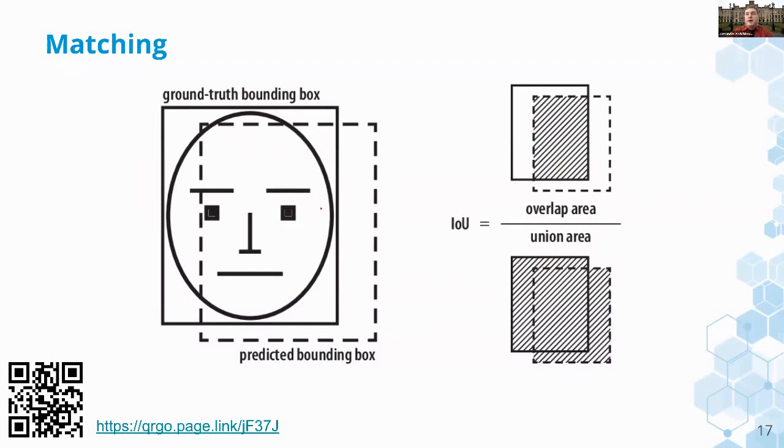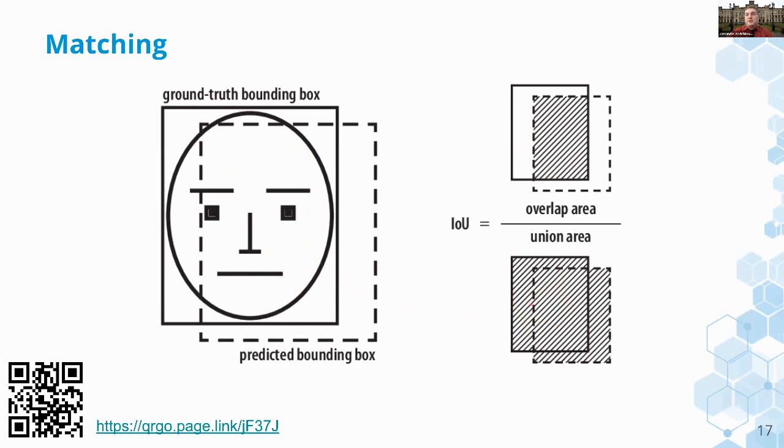This is done by calculating the intersection over union metric, or IoU, which simply divides the overlapping area of your predicted bounding box and ground truth bounding box by their union area.